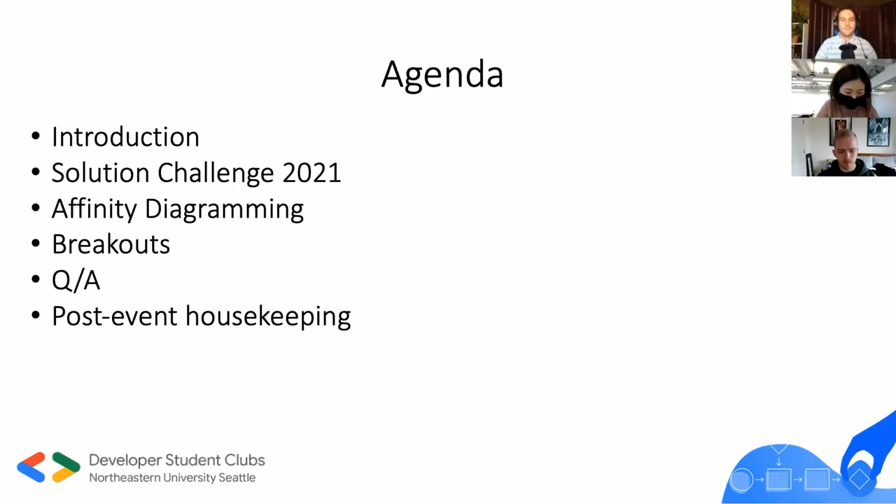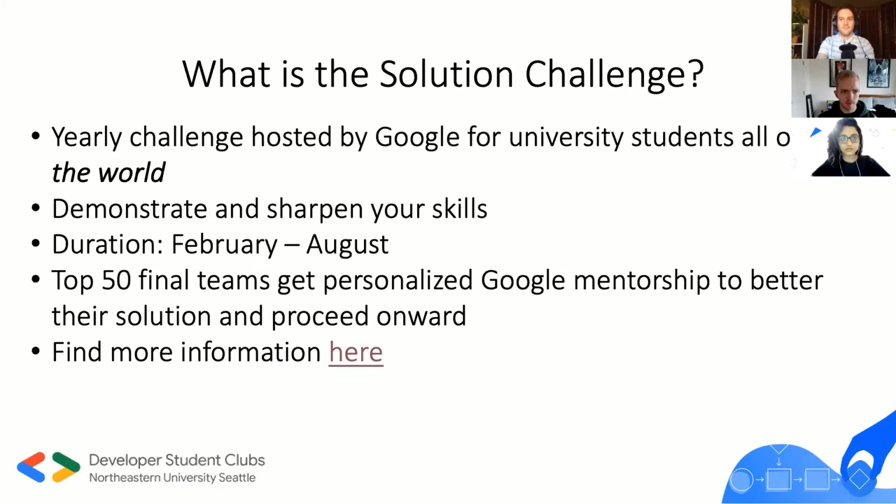We'll break out of the breakout rooms right after that, discuss a little bit of the results, see what teams potentially formed, what dev goals we'll be working on, any Q&A that we have, and you will wrap us up with some post-event housekeeping and next steps for after the event today.